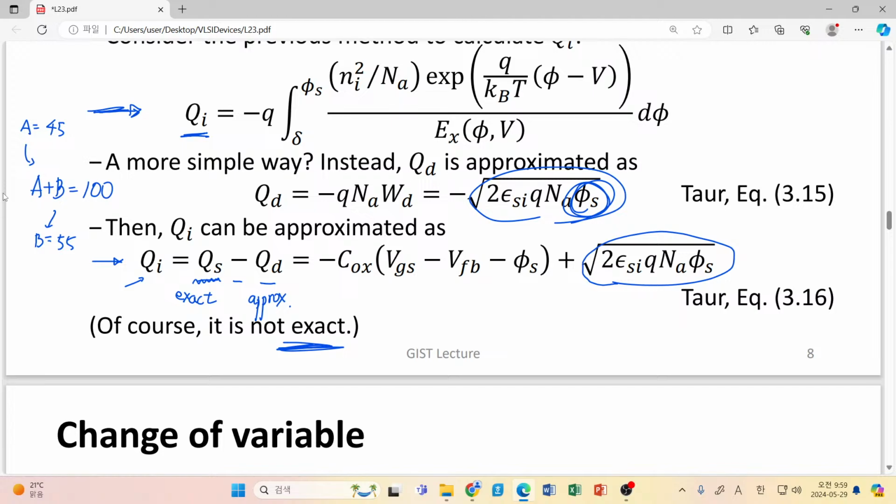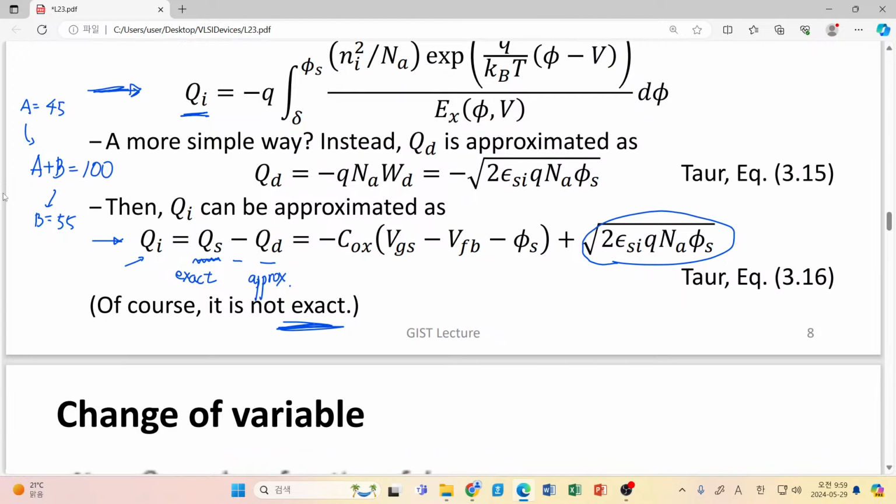So using that phenomenon, we say that it is not that bad, because for high gate voltage this phi s does not grow any further. So once again, this is not as accurate as the Poisson integral, but anyhow it introduces quite a lot of simplification. It's a huge impact.